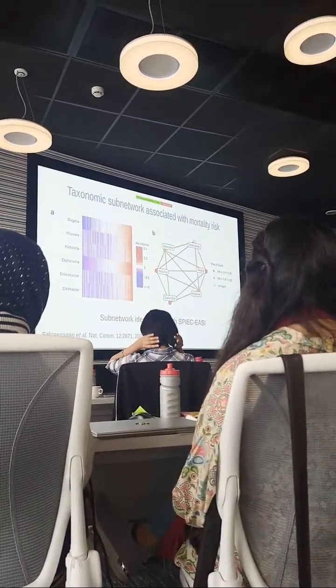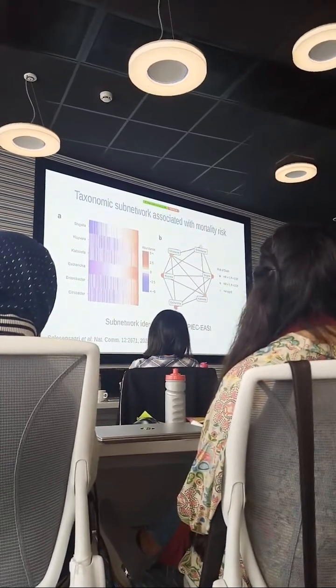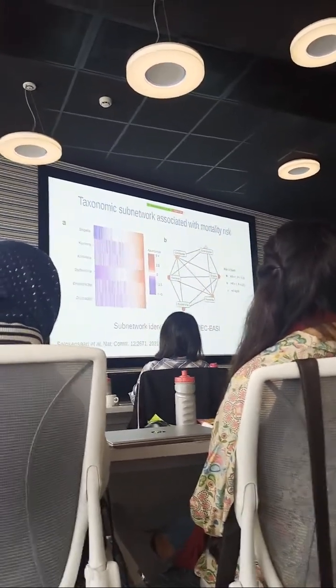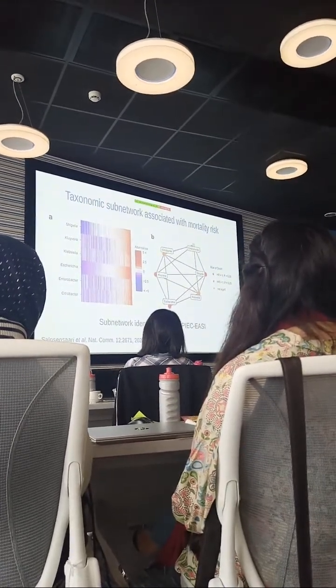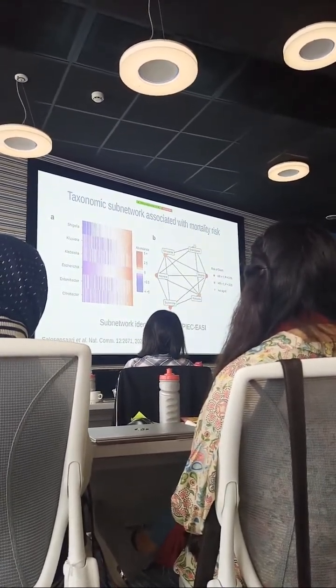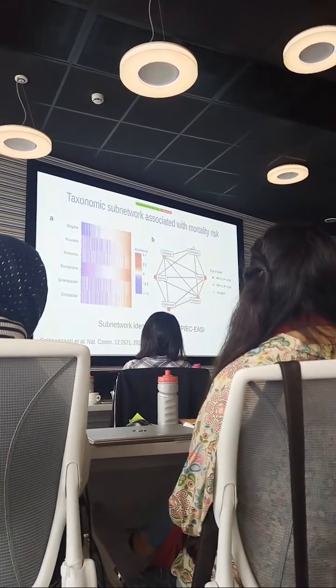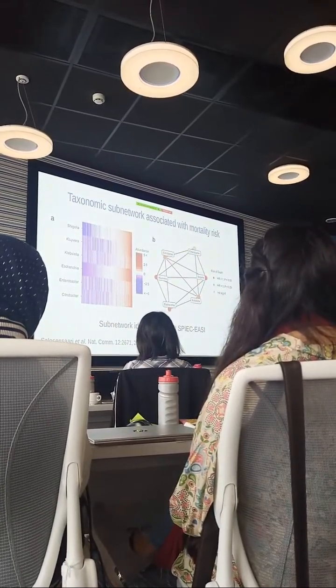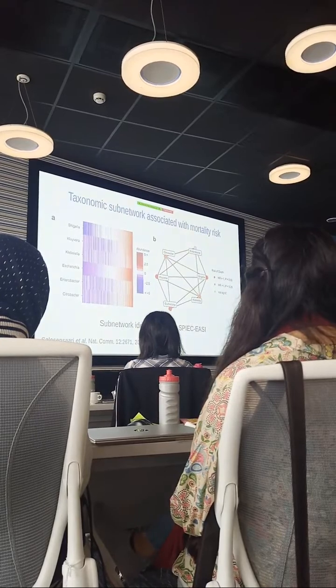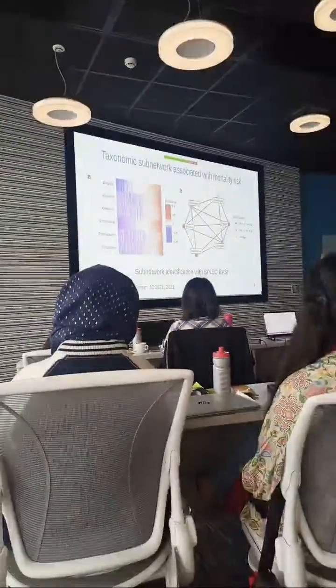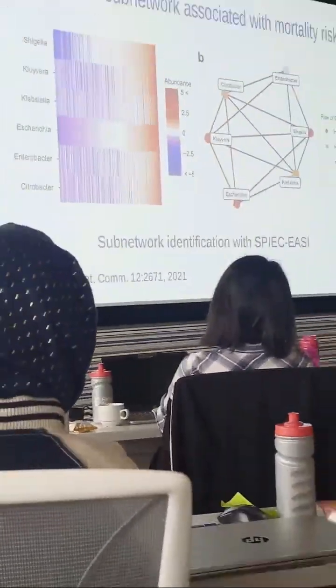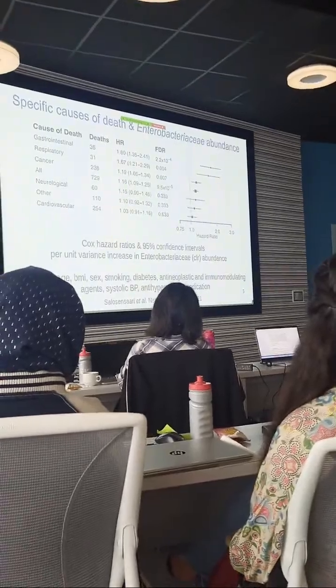And also the combined abundance of the subnetwork was again associated with mortality rates. And of course, we take compositionality into account. One nice thing about having the 7,000 samples is that we are also able to control for a large number of different covariates, including age and medications, cardiovascular parameters, and things like that. So we have enough statistical power.